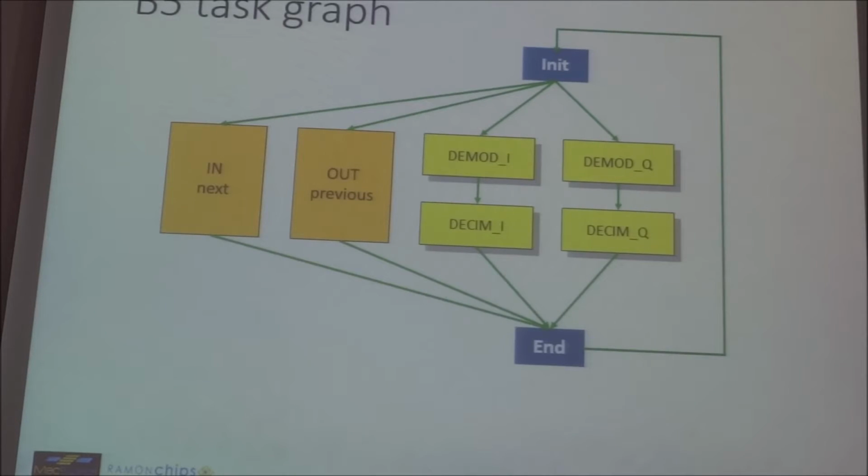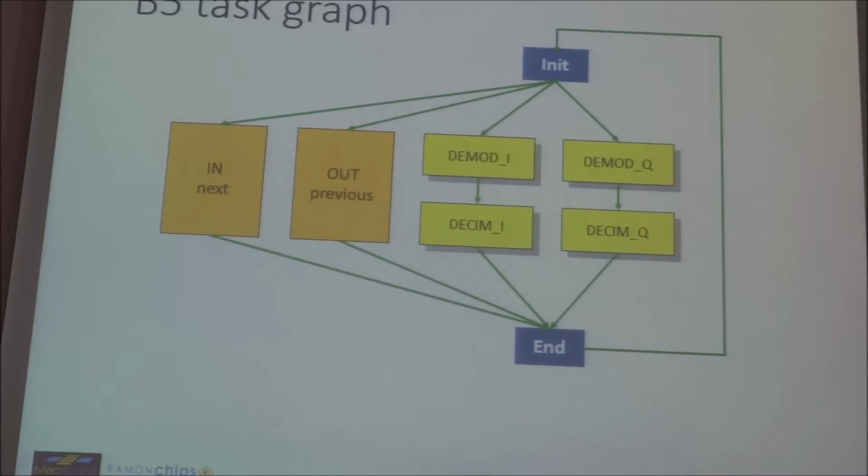So we create an extremely simple task graph. The interesting thing about this task graph is that this, for the first time, shows how we deal with a stream. So there's a loop, endless loop. The first thing we do, in parallel, we bring into storage the input from the next set of data.